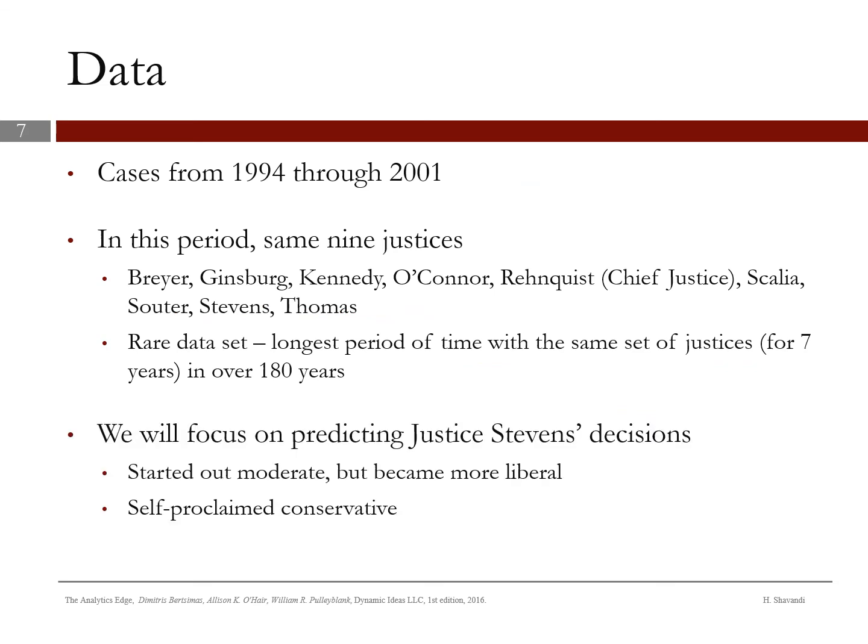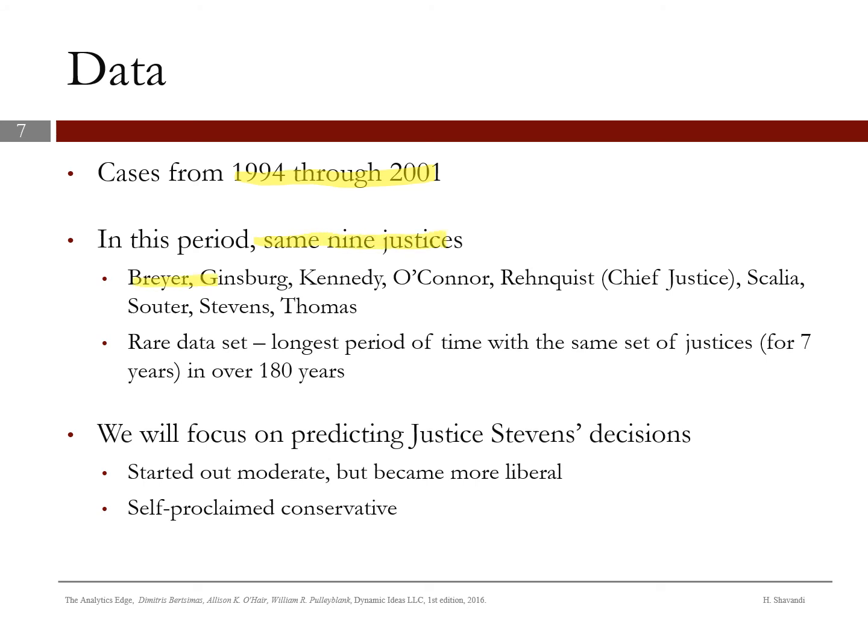The data set that we have in this case study is about the cases from 1994 through 2001. The reason this data set has been considered is that in this period, we have the same 9 justices.